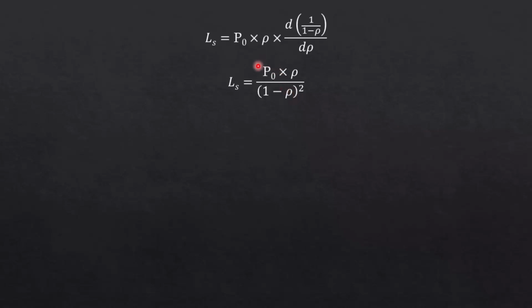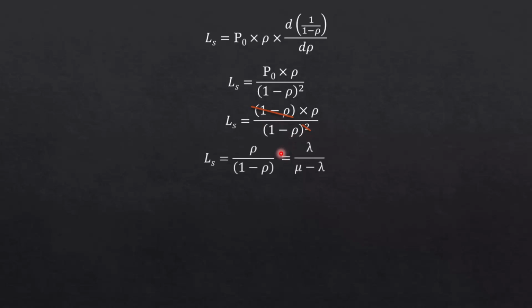Now we know that P0 can also be represented in the form of rho, which is given as 1 minus rho. So let us put the value of P0 here. So this is 1 minus rho into rho divided by 1 minus rho whole square. So one of the 1 minus rho can be cancelled here, and our equation is reduced to rho upon 1 minus rho.